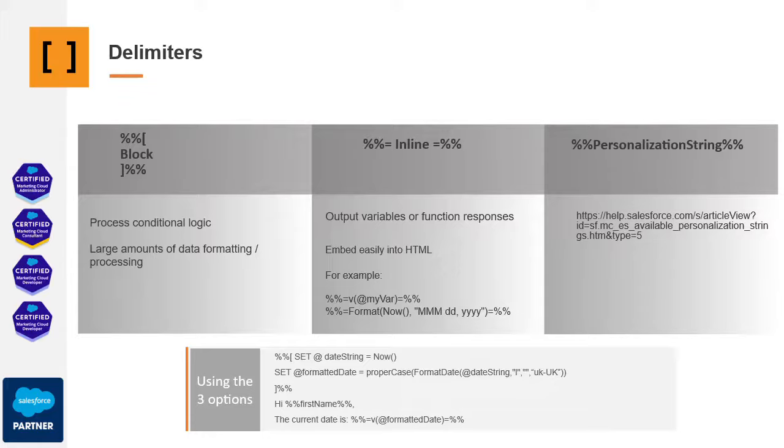Next, we have the aspect of delimiters, which essentially inform Marketing Cloud that it's an AMPscript code. We have 3 ways to do this. Well, the third one isn't programming exactly, but it requires a variable and could fit within this scope. The first, as we've seen, is code blocks. To mark off a code block, within which there can be multiple lines of programming, you enclose it with percentage signs and brackets.